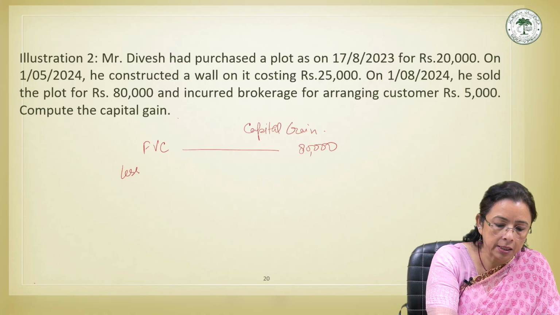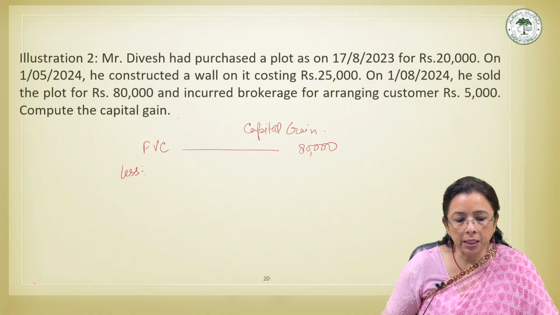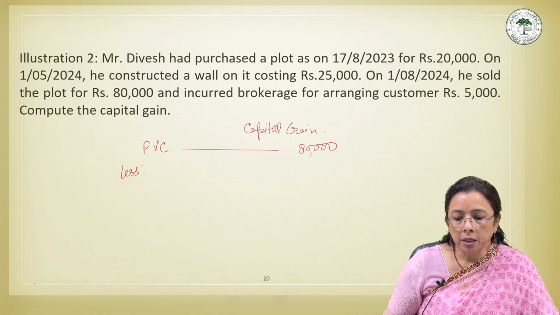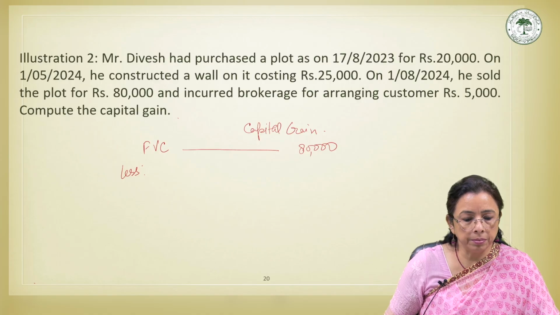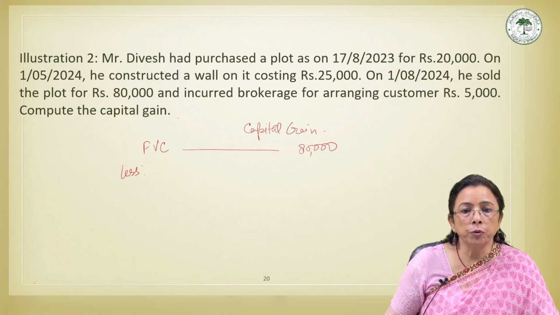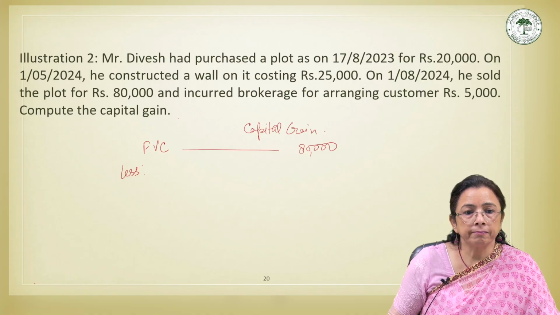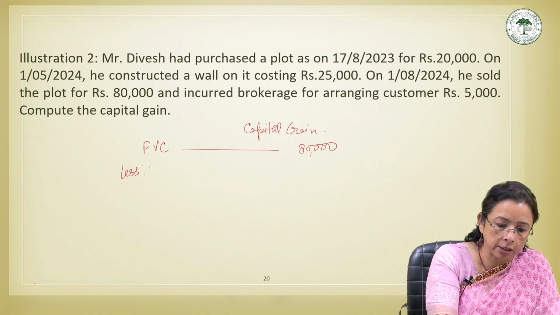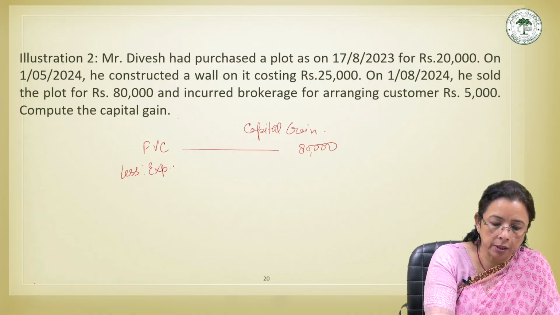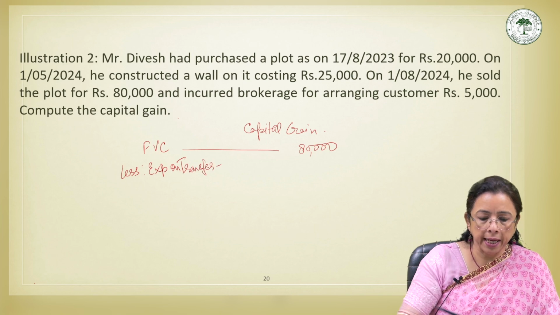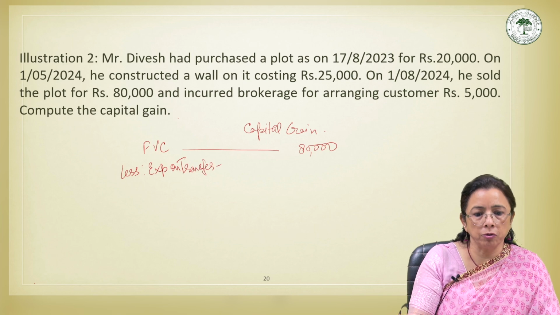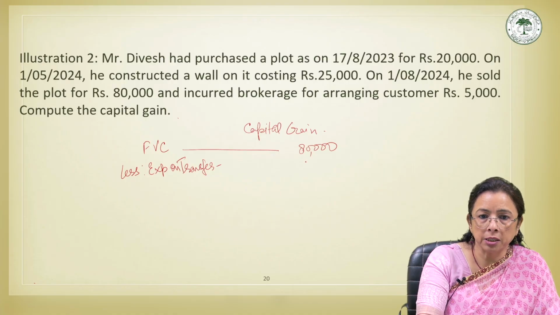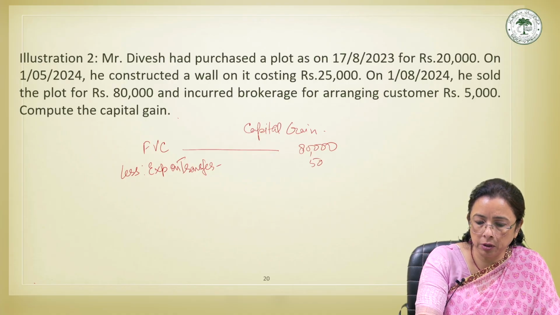So less, the first thing, maybe before cost of improvement, we will consider his expenses on transfer first, because as he got the consideration, first he has to pay out the expenses on transfer, that is rupees 5,000.